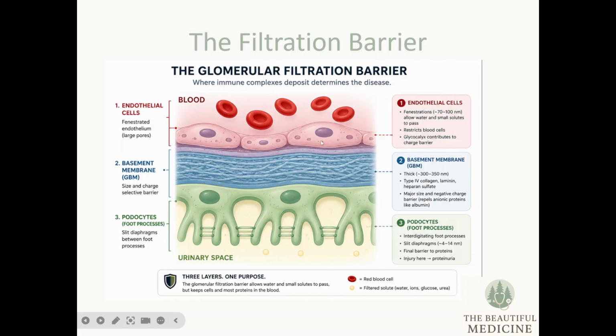They have those endothelials and lots of blood vessels inside, and they have this filtration barrier. The blood passes here and goes through the endothelial cells, and they pass the basement membrane and the podocytes. So this barrier is used to make urine basically. So the blood gets filtered and then it goes through the kidneys.